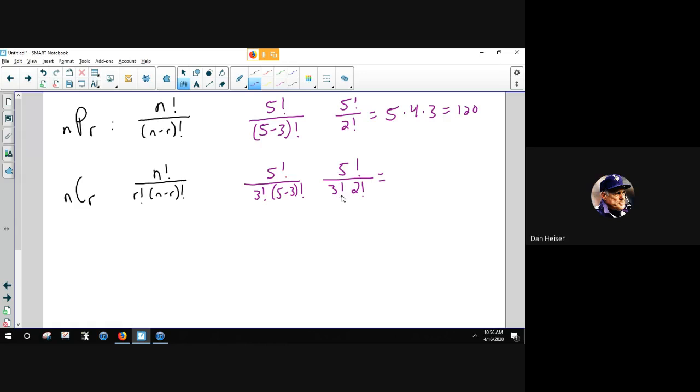Here's why. Let's say these are the 3 winners. I have 3 ways the 3 people can be arranged in this spot, two ways they can be arranged, and then one person left. So there are 3 factorial ways to group the same 3 people.